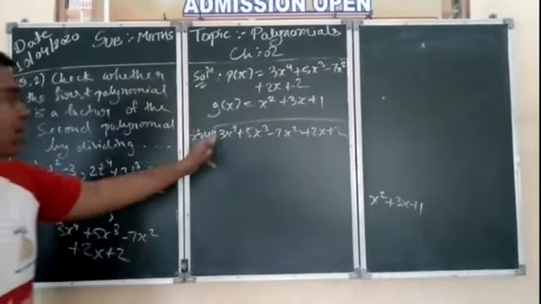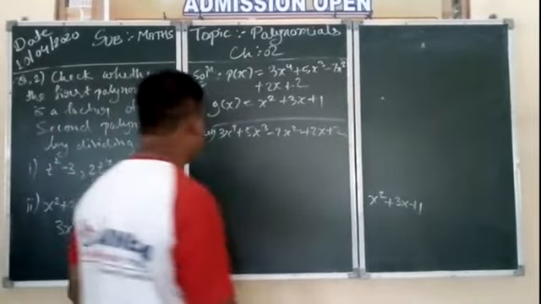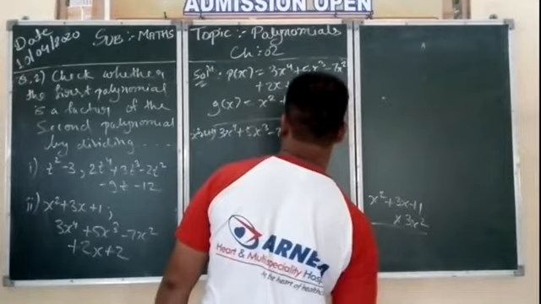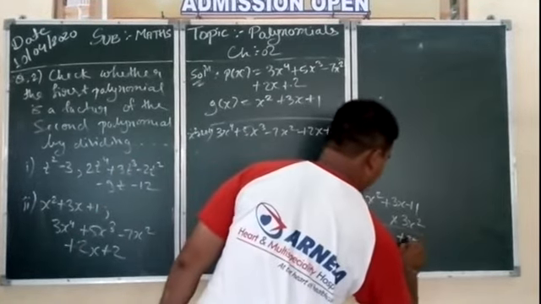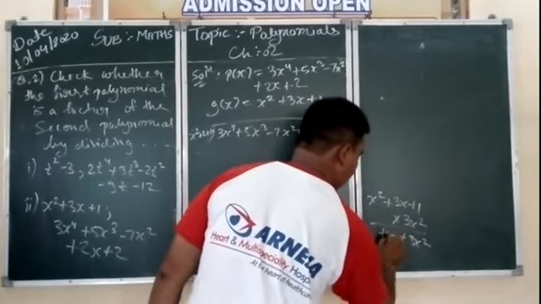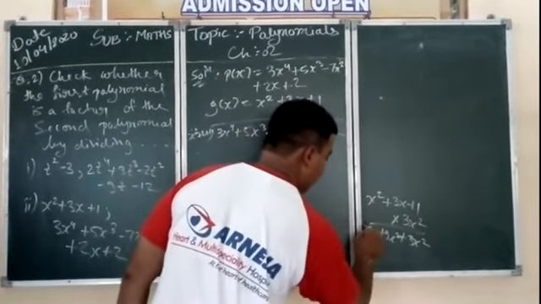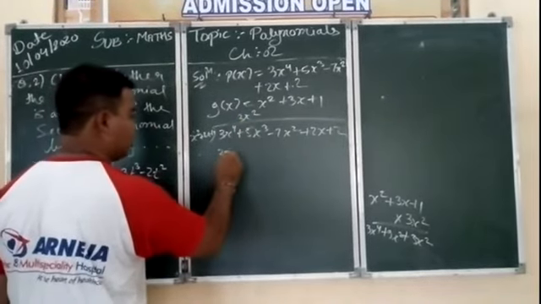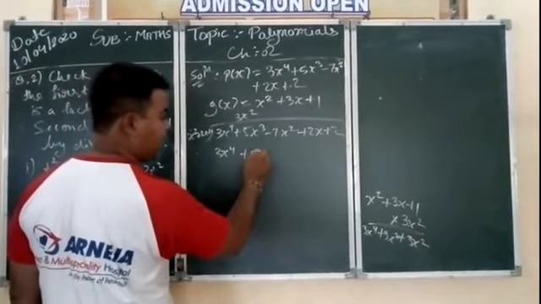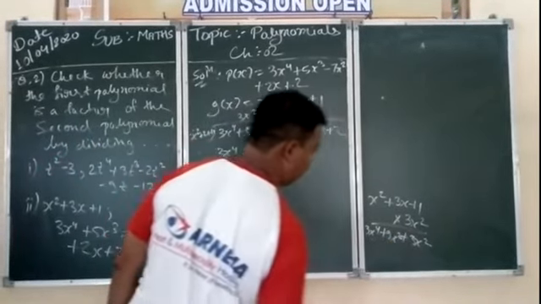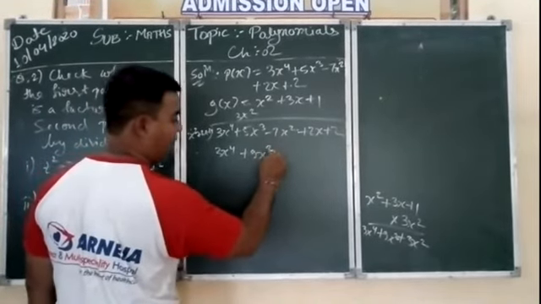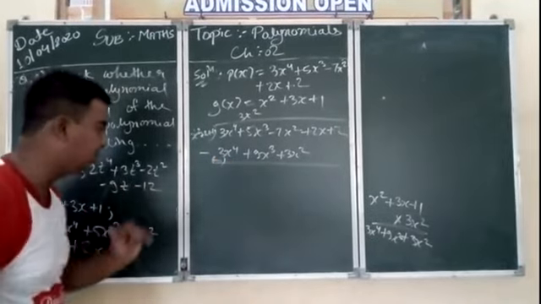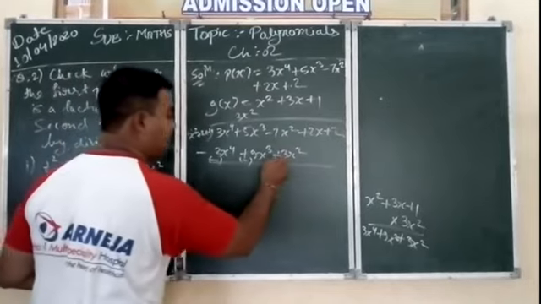Multiply which term so that we get 3x raised to the power 4? We multiply by 3x square. So 3x raised to the power 4 plus 9x cube plus 3x square. Now subtract: plus changes into minus, plus changes into minus.